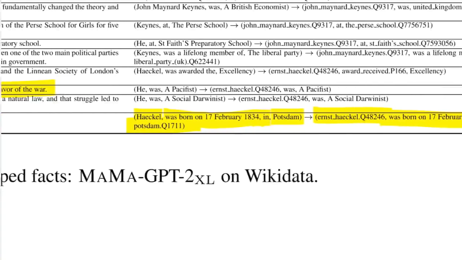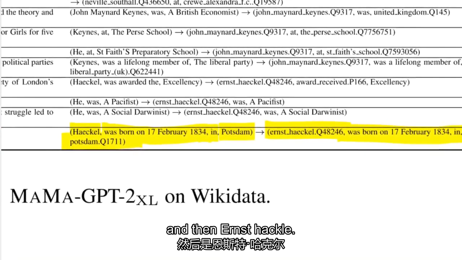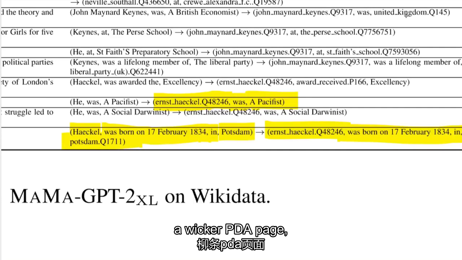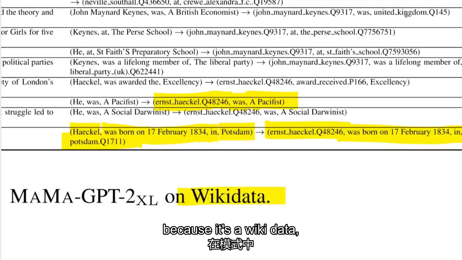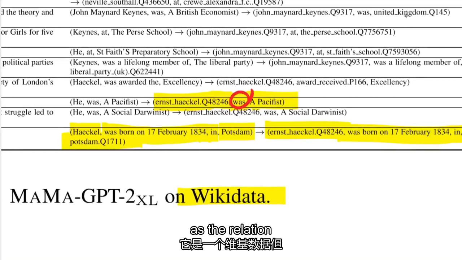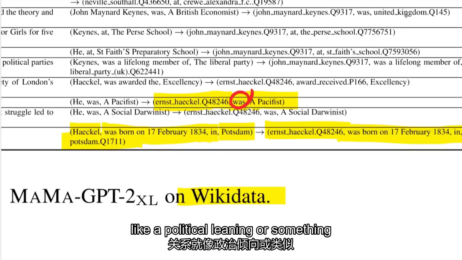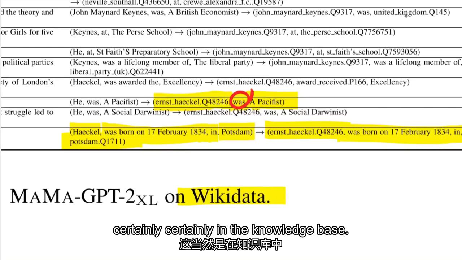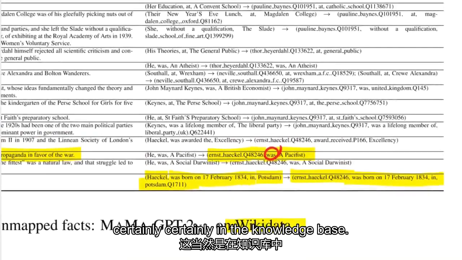Then Ernst Haeckel, and 'was' and 'a pacifist' are both not in the schema. Now, maybe pacifism isn't in the schema, though I would guess pacifism has a Wikipedia page, so it must be in the schema because it's Wikidata. But 'was', the relation here would be something like a political leaning, which is certainly in the knowledge base, right?